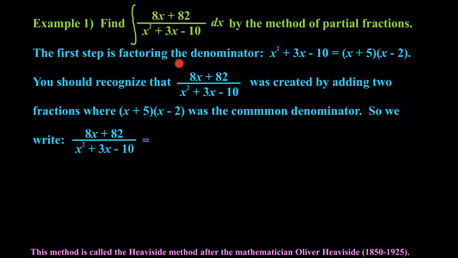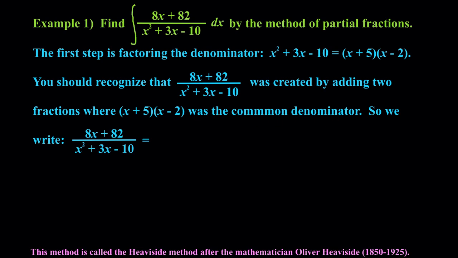The first step is factoring the denominator from x squared plus 3x minus 10 down to x plus 5 times x minus 2. And you should recognize that this fraction was created by adding two fractions where x plus 5 times x minus 2 was your common denominator.